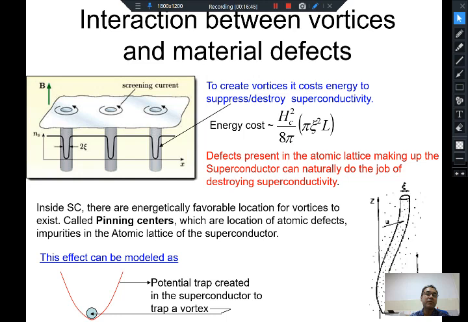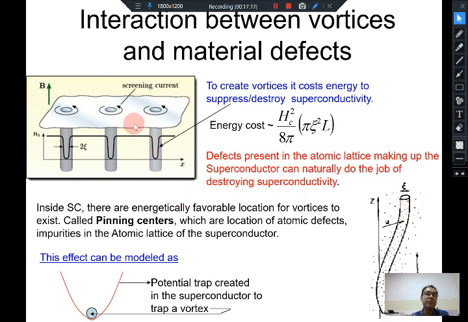But when you have impurities and defects which are already sitting inside the superconductor, then it costs no energy to create a normal region out there, because the normal region is automatically created. Its free energy is already higher out there compared to the surrounding superconducting region. So as a result, if you have impurities inside the superconductor which are represented as dots, the normal core actually prefers to pass through regions where impurities are present, because it costs no energy to create a normal region out there.